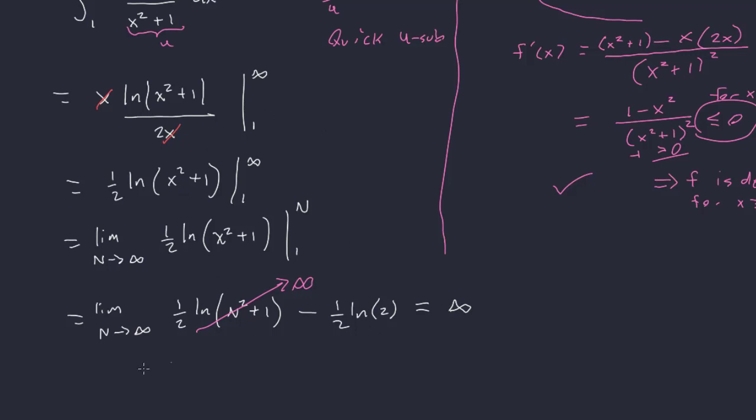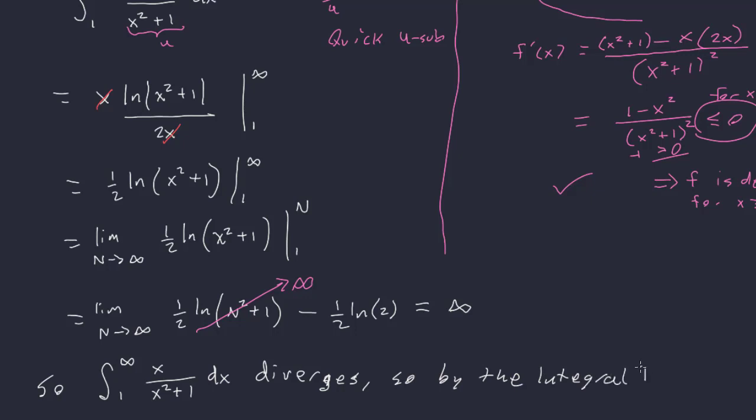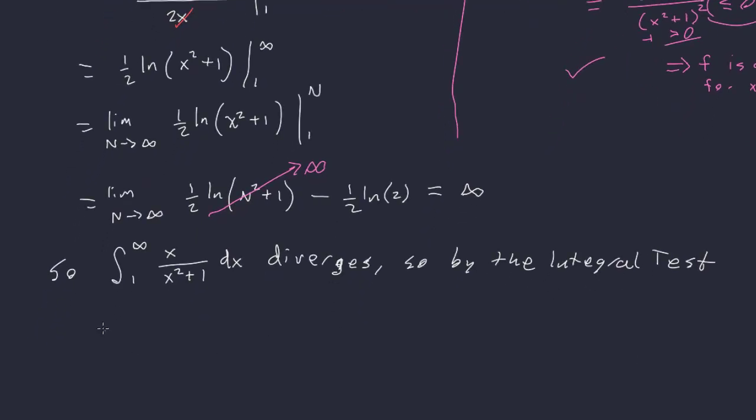Okay, so this improper integral diverges. So by the integral test, A also diverges.